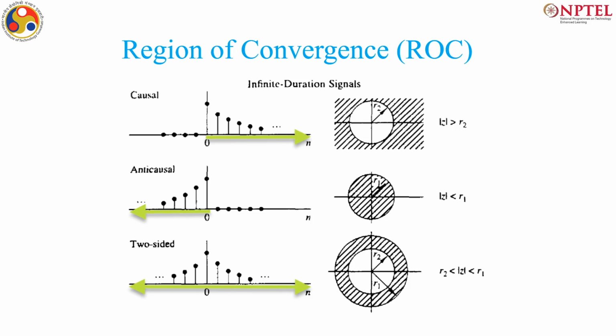But as of now, if I have an infinite duration causal signal, a right sided signal, then the ROC will be the region beyond a circle, like mod z greater than R2. If it is an anti-causal signal, the ROC will be contained within some circle, mod z less than some R1. And finally, if it is a two-sided signal, having values for both positive and negative indices, it is an annular ring like this.